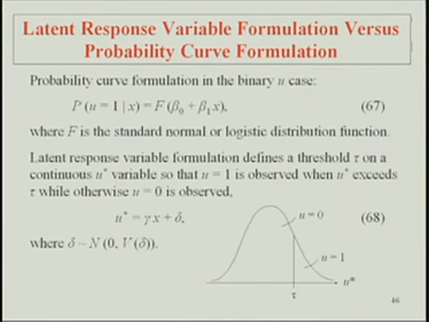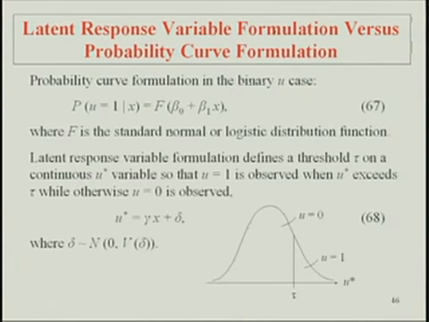You have the u star variable, and you have its distribution, perhaps it's close to normal, and it has a threshold tau. And tau functions in the following way: when u star is below the threshold, you observe u equals 0. And when u star is above the threshold, you observe u equals 1.